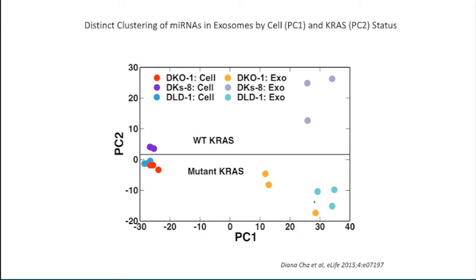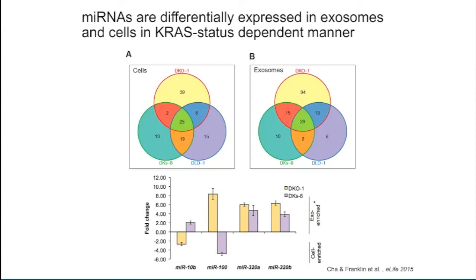So carrying on with this analysis, we went through all of the RNA-seq data and we identified microRNAs that changed, and we found that there were common microRNAs between the cells and between the exosomes, and then different RNAs that would segregate between whether you were wild type or mutant KRAS, and did all of the differential expression analysis.